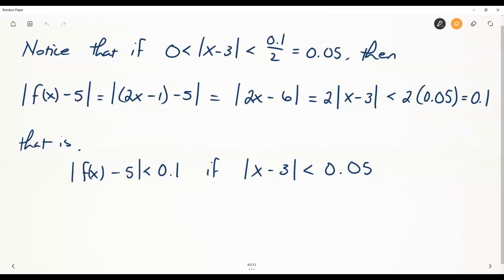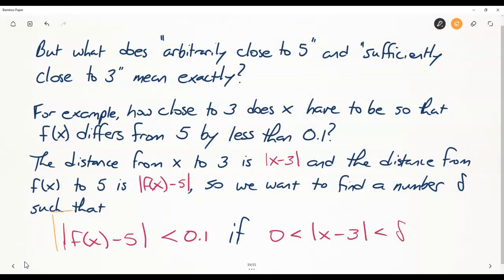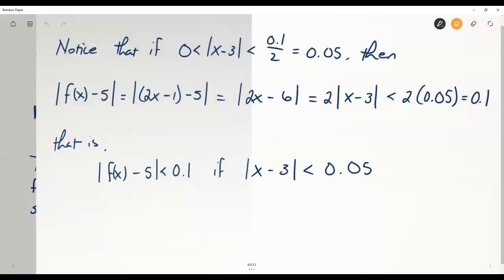So this is the inequality. Let me back up one screen because I just can't fit it all on one page. This is the inequality right here that we're trying to show is true. So we're starting by picking delta equal to 0.05.